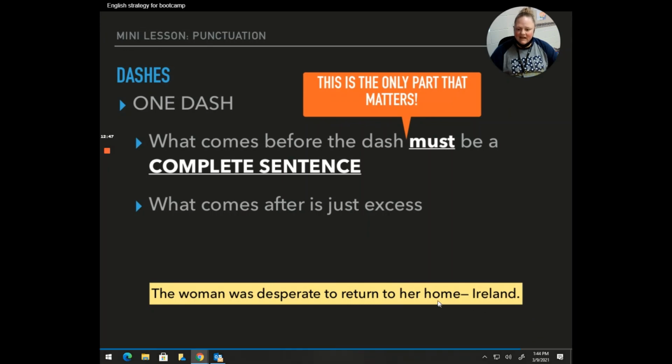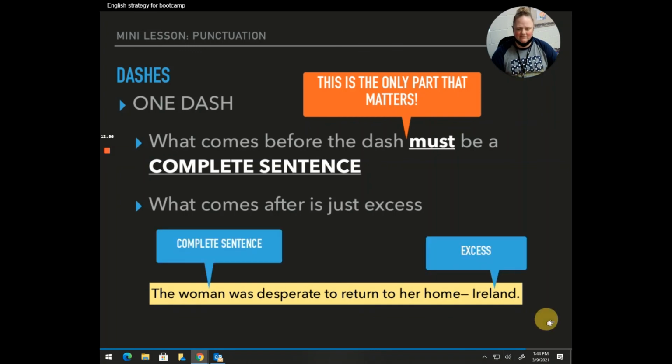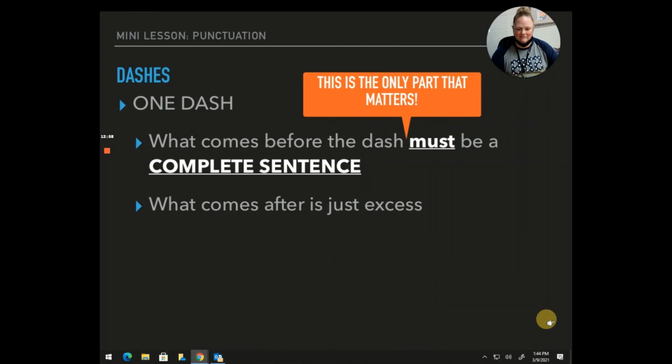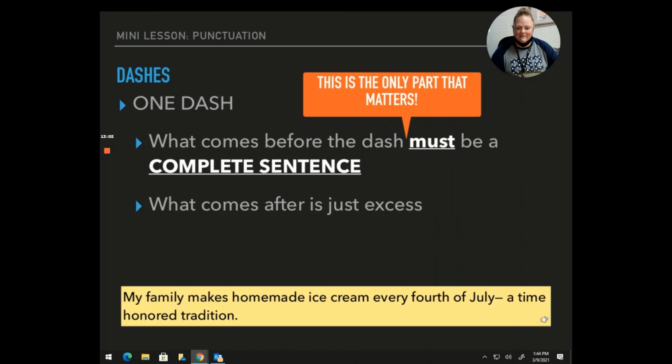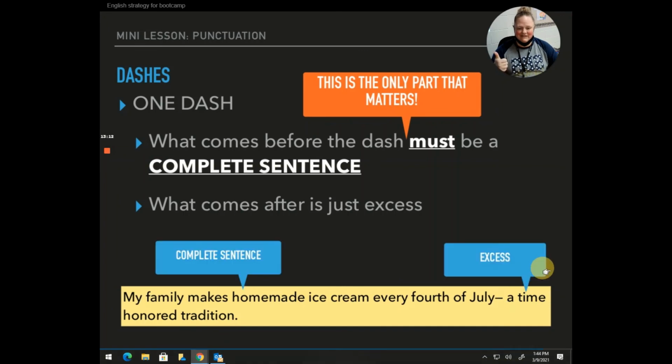Before the dash, is it a complete sentence? Then your dash works. My family makes homemade ice cream every 4th of July, dash, a time-honored tradition. Again, before the dash, is it a complete sentence? It is, so your dash works.